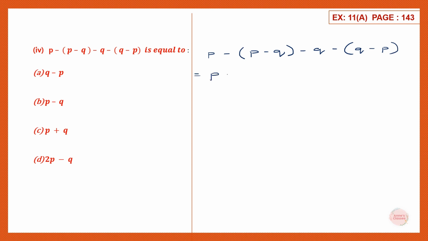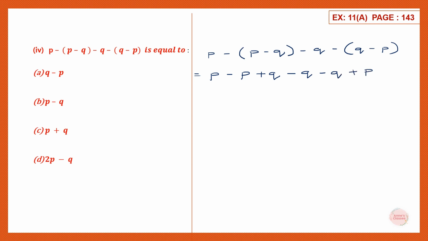P minus. Now when you have minus, the signs of all the terms inside will change. Remember, minus P plus Q. Then continue by writing minus Q. Here also we have a minus sign before the bracket, so the sign of all these terms will change. So what will we get? We get minus Q plus P.